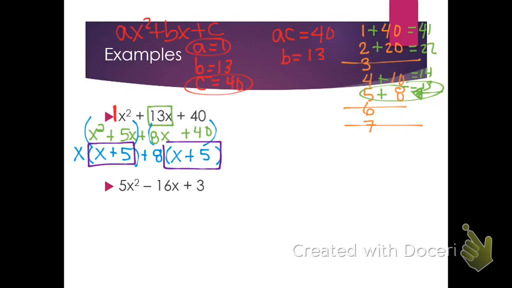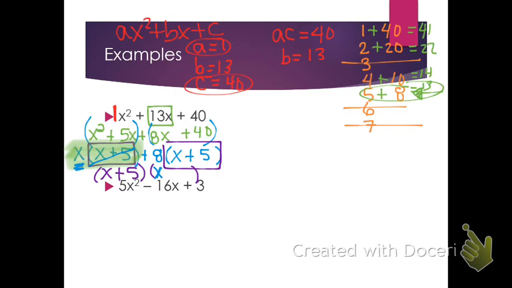Our last step was to factor out the common binomial. So we're going to factor out the x plus 5 from both of these terms. Here's my first term. And when I factor out the x plus 5, there would still be an x left over. So I've got an x over here.